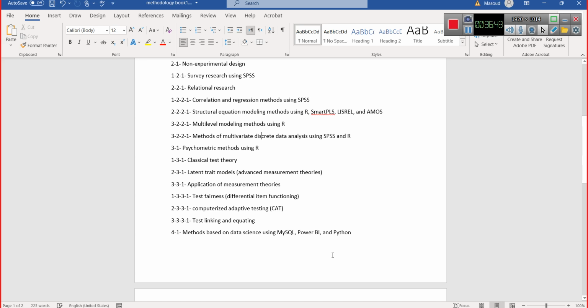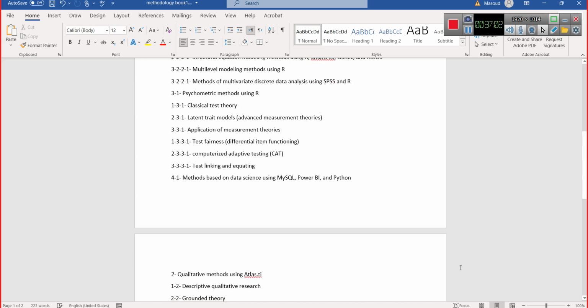So it is a solution for the education ministry to use the final examination scores for the national concours examination.